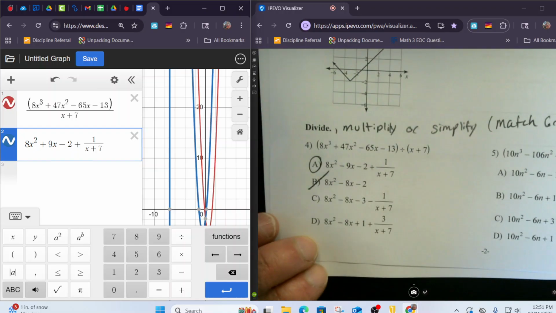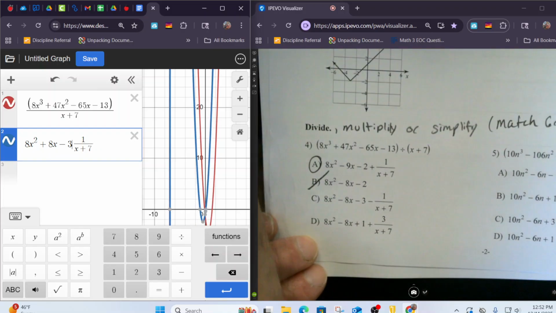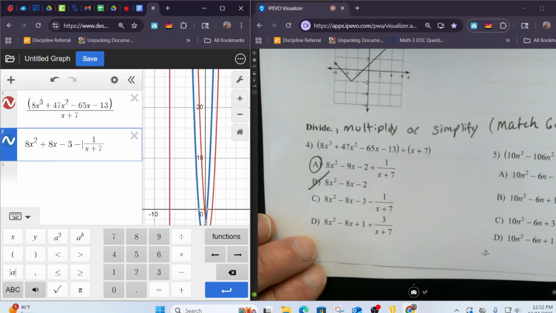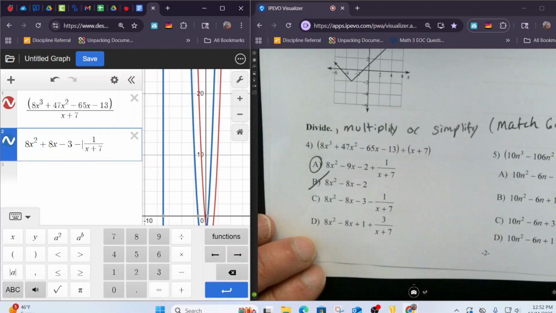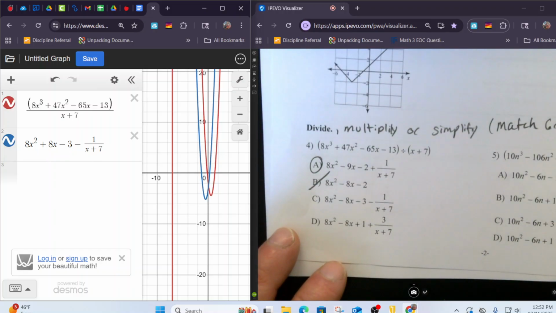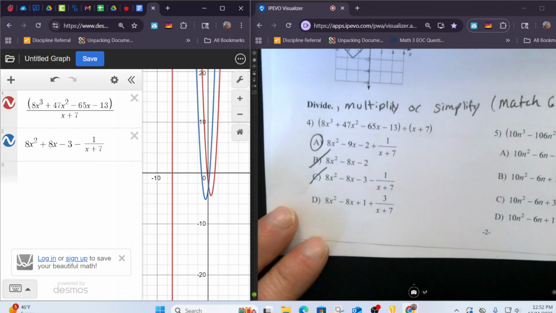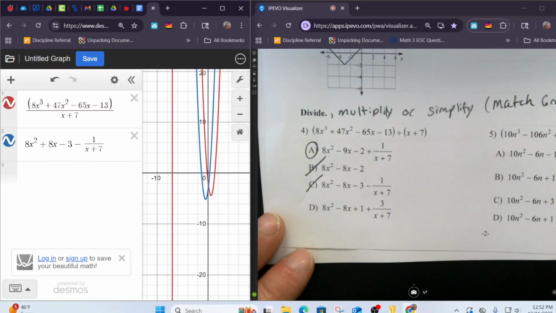If it's at all not matching, then there's either a typing error or it's just not the right answer. So I'll put C in just to see. As you can see, if you can see 2 colors, that's not the right answer. So you can see that C would not be it. We're not going to go through all the answers. So we know A would be the answer.